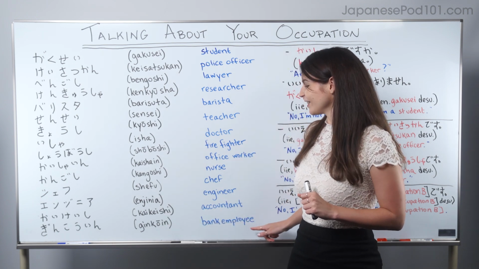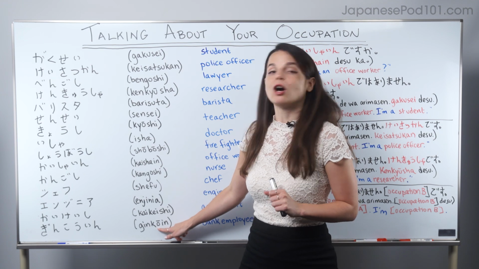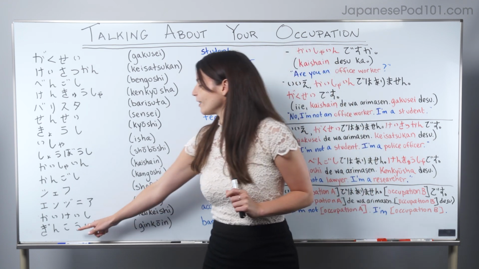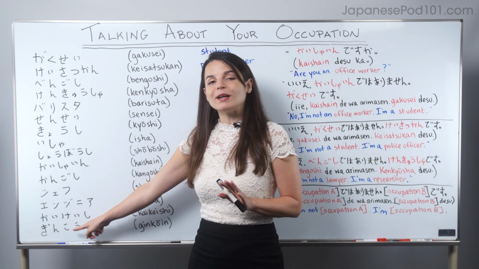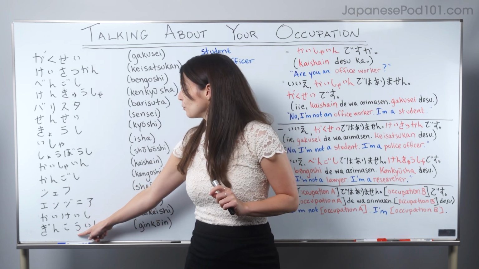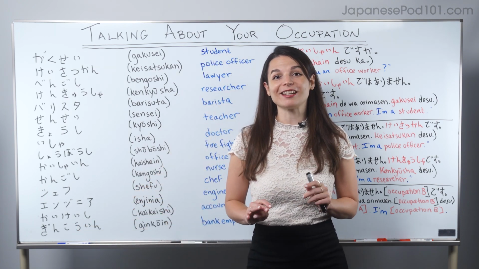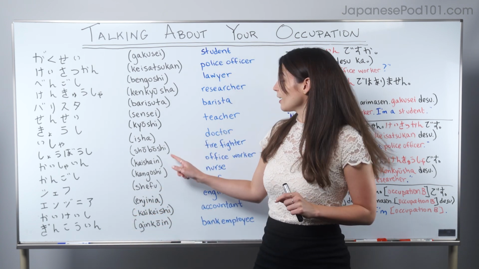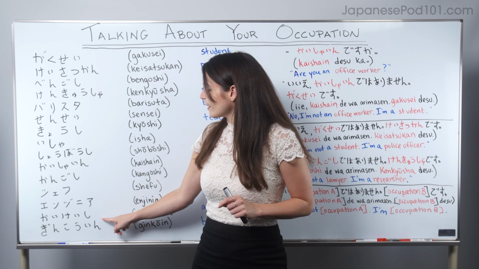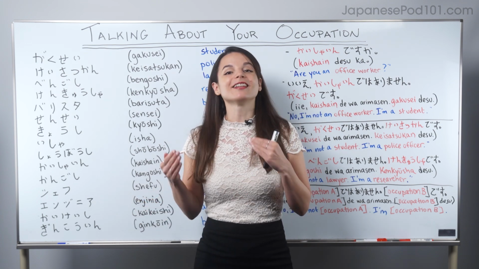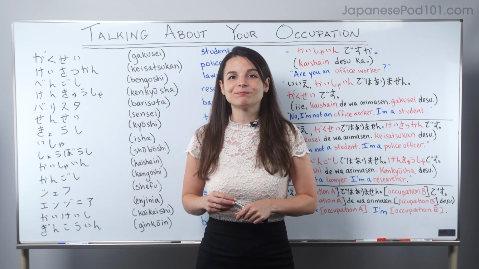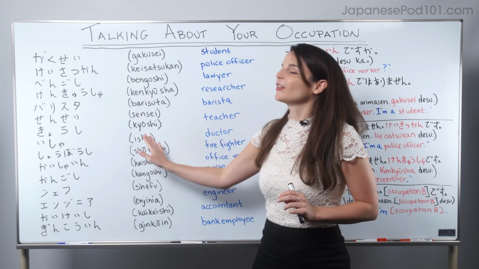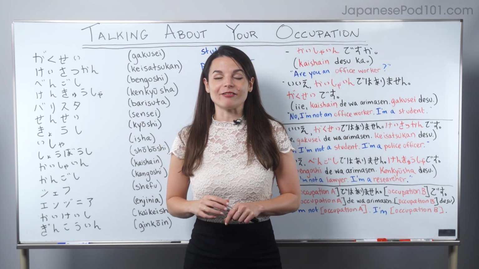This one has a long O sound in it, yeah? So not a short ginko, but a long ginko. Make this U sound clearly. In this word, we also have this in sound I talked about earlier with kaishain. So it's like saying member of a bank or person in a bank. Okay, so these are the vocabulary words we're going to look at for this lesson.